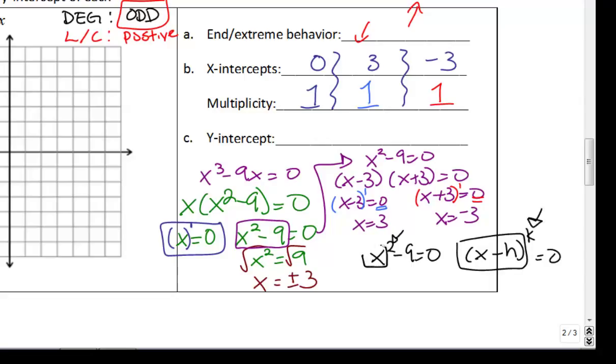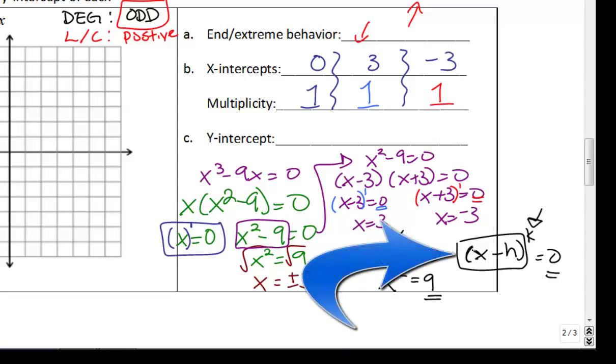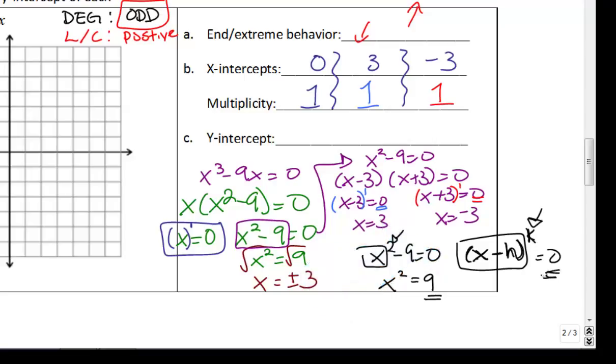No. All I have is x raised to a power. When I move 9 to the other side, am I now equal to 0? No, I'm not equal to 0. So when you're doing this, just because you have a square doesn't mean you have a multiplicity of 2. Only when you have a factor like this raised to a power and equal to 0 will you have a different multiplicity. Let me erase this, and then we're going to find the y-intercept, which is next.